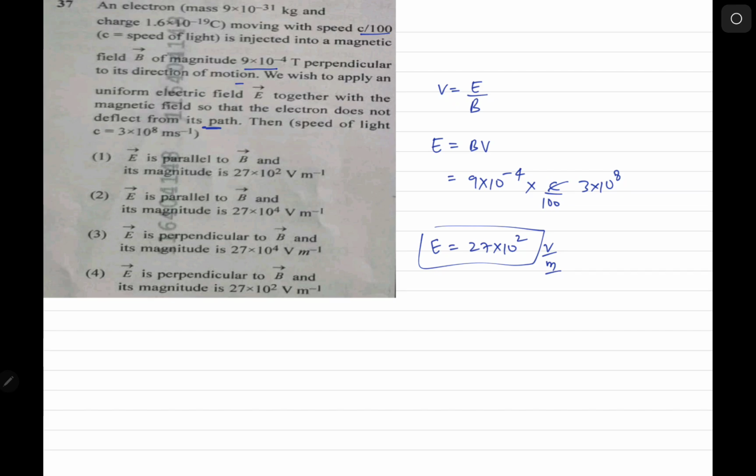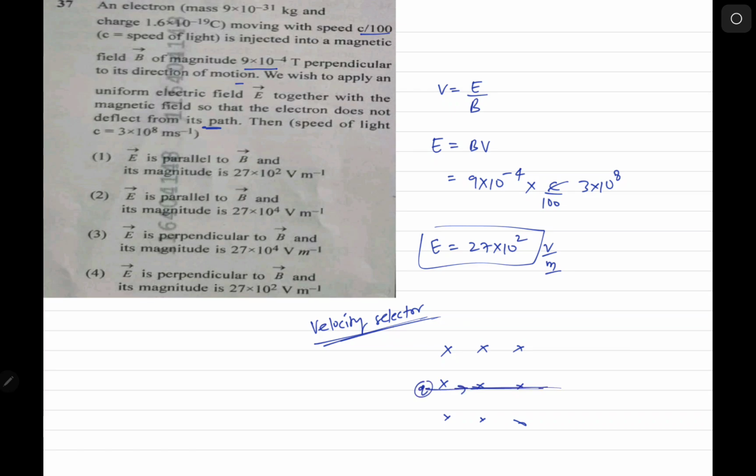And we know the electric field has to be perpendicular to the magnetic field, right? If you remember the velocity selector, the electric force and the magnetic force should be opposite to each other. So we take the magnetic field into the plane. This is the charged particle which has to move in the same direction without any deflection.